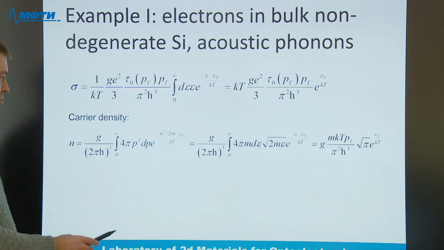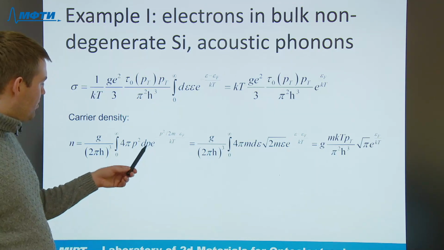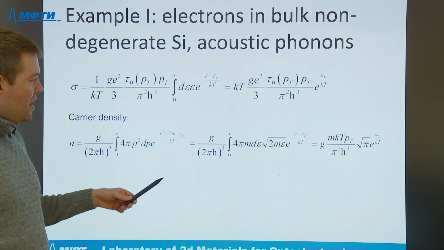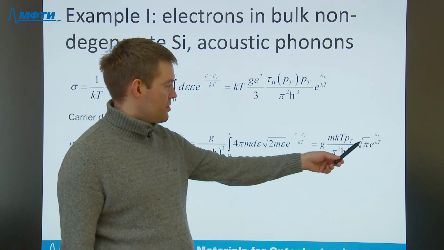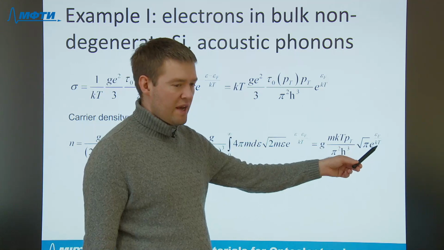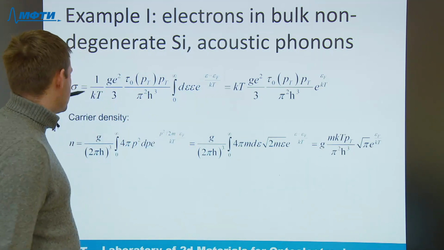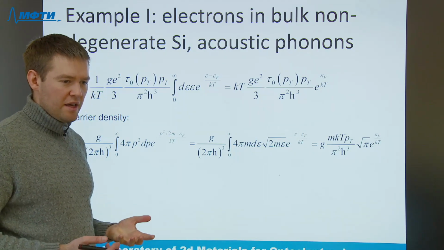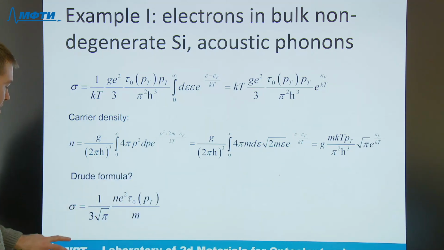You can do this. It is a simple statistical formula. You just average the equilibrium distribution function over momentum space, and you get that the carrier density is proportional to the same exponent of Fermi energy divided by kT. So you can divide these expressions, sigma and carrier density, by each other and get quite a simple formula for the DC conductivity.